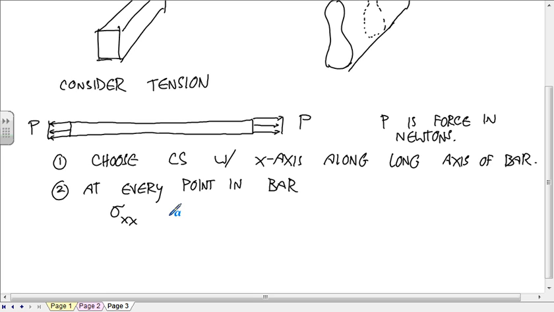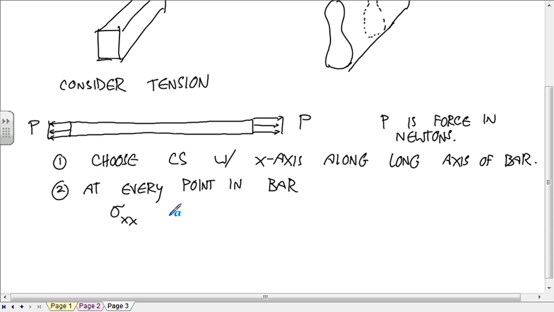Well, what would you guess that the stress is going to be? How would you calculate the stress given? Let me give you a hint, I guess. Let's say that the cross-sectional area at any point has a value of A. How would you calculate the stress? It's the same way we did it in the mechanical test of the rubber band. Yeah, P over A, right.